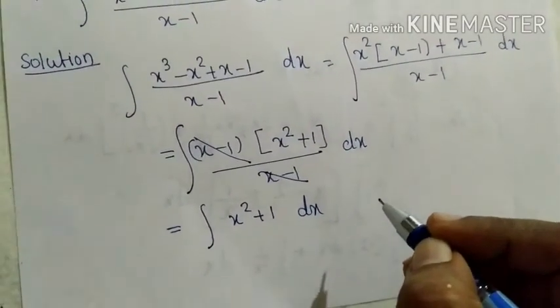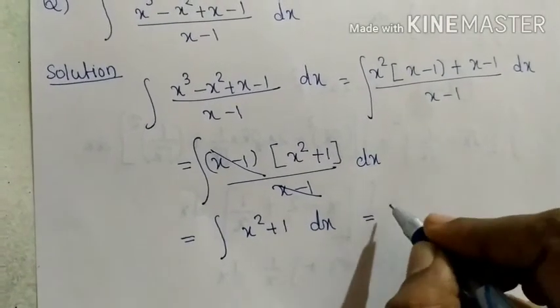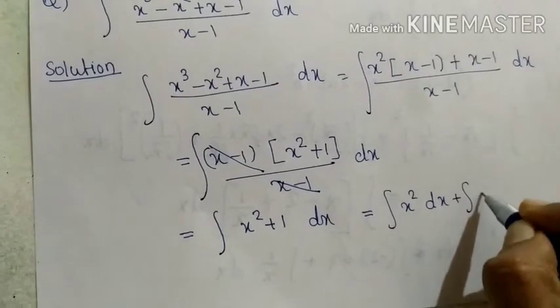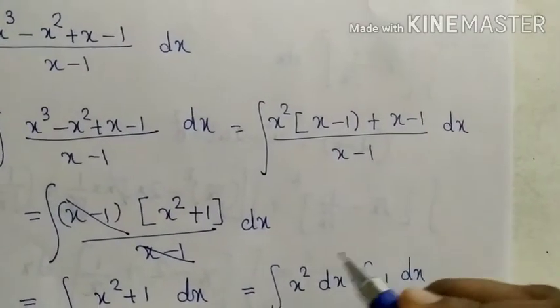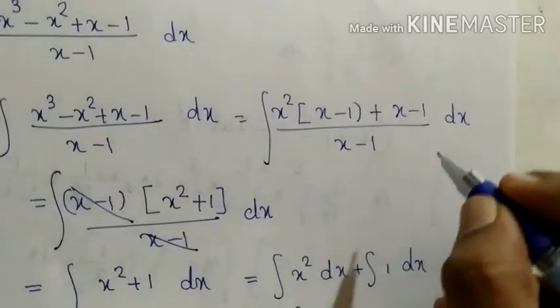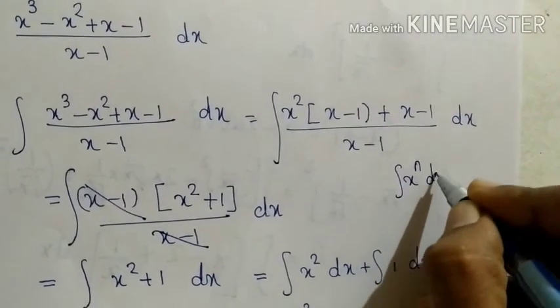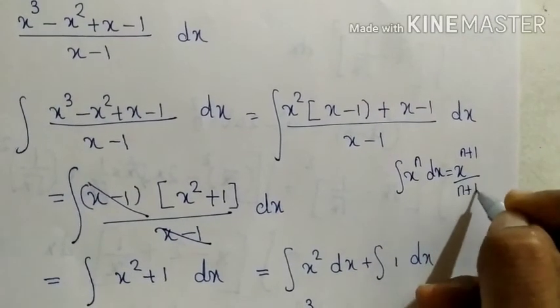Okay, so by using the additive integration property, this can also be written as integral x square dx plus integral 1 dx. Okay, first of all we need to find the integral x square dx. We know that the standard integral of x raised to n dx is equal to x raised to n plus 1 divided by n plus 1.